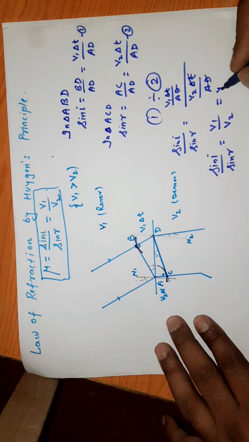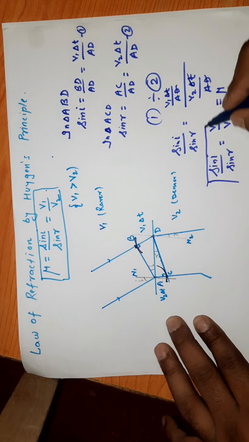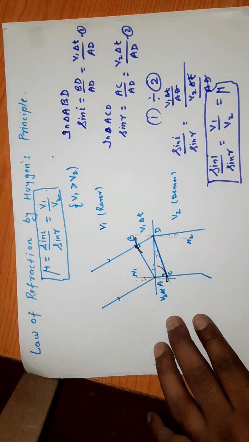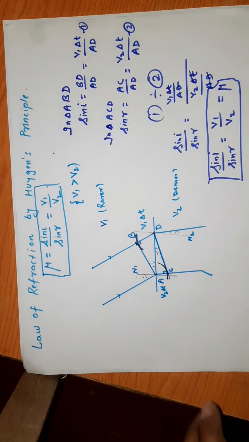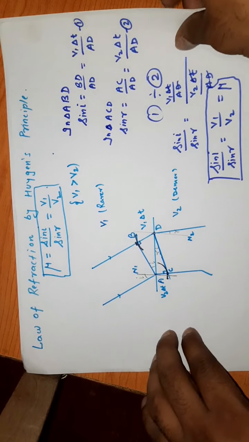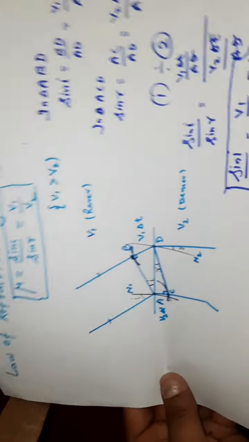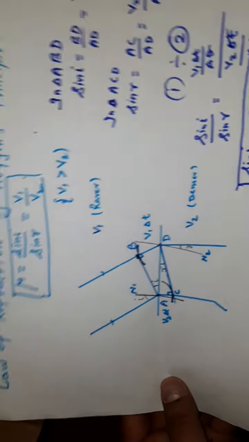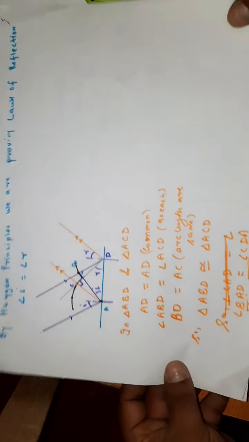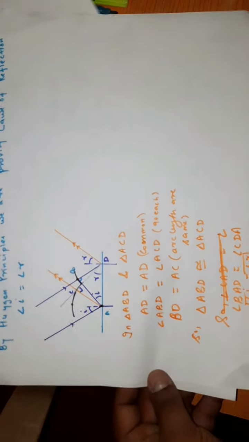And this is equal to mu, the refractive index of medium 1 with respect to medium 2. So this is the proof of Snell's law. So in this way, we are proving the law of reflection and the law of refraction. So this is refraction and that is our reflection. These two laws we are proving. Stay tuned. We'll give the next lecture tomorrow. Thank you.